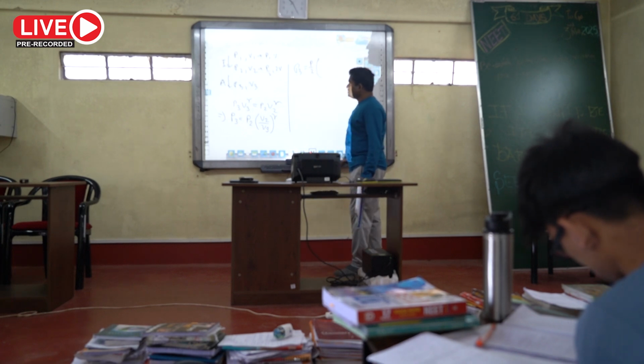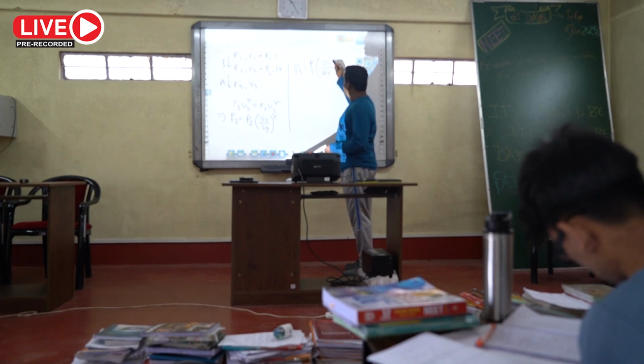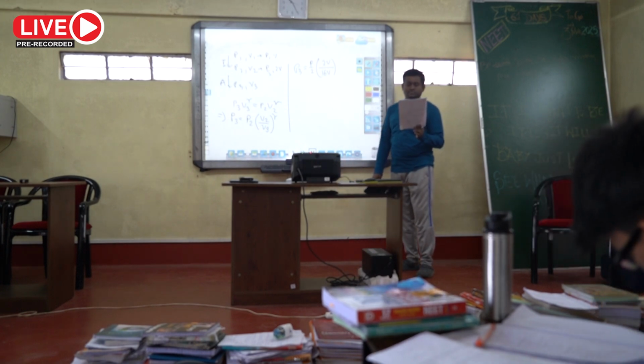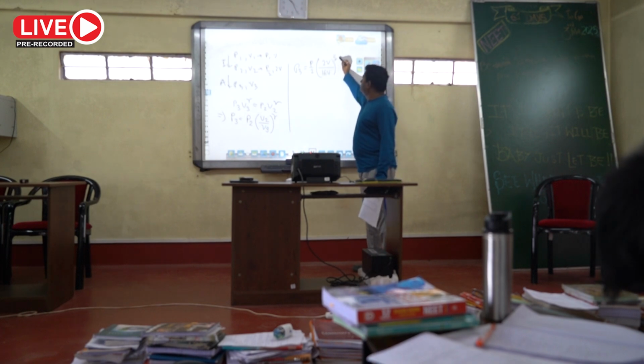Now V2 is 2V and V3 is given 16V, to the power gamma. Since it is monoatomic, gamma is 5 by 3. Then V will cancel. This is 2, 8.